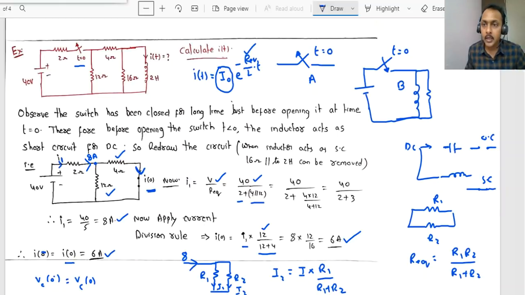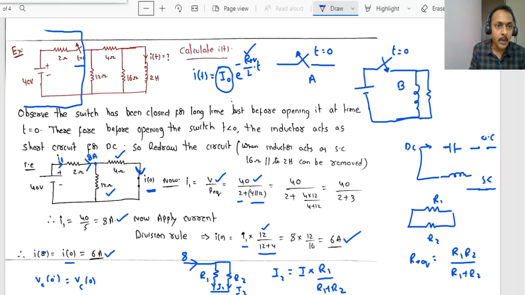Now what will be the R equivalent? Dear students, keep in mind the R equivalent is to be calculated after the switch is open. Once the switch is open, this voltage source and this 2 ohms will not come into the picture.